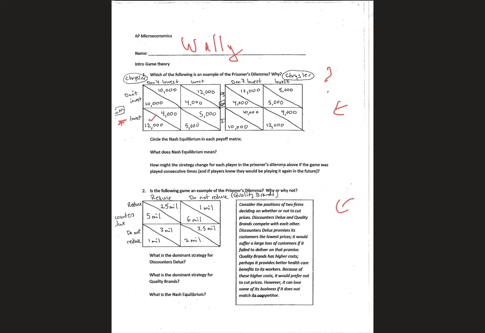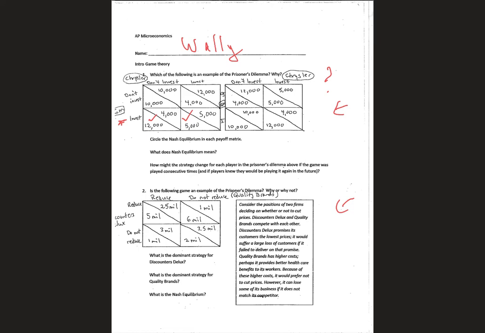If Chrysler invests, so everything in that second column of the payoff matrix, I would see that GM should invest because investing for $5,000 is greater than $4,000, which would be not invest. So regardless of what Chrysler does, GM should definitely invest. So they do have a dominant strategy.